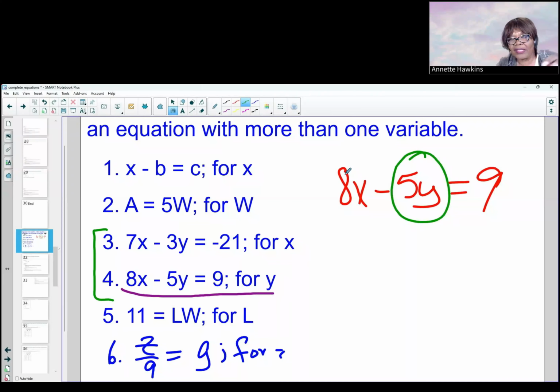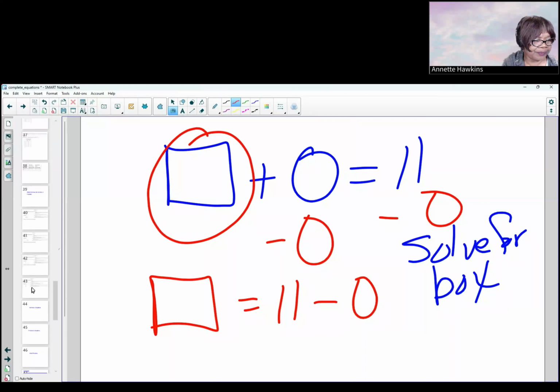So now I have box is equal to 11 minus circle. You see that? So it doesn't matter. Whatever you're solving for has to be on the side by itself, and the coefficient has to be 1. And this coefficient is 1. Now, I could have had 3 boxes on the left, 3 boxes on the right, and ask you to solve for that. Okay. All right, let me stop and let you ask a few questions before we continue.